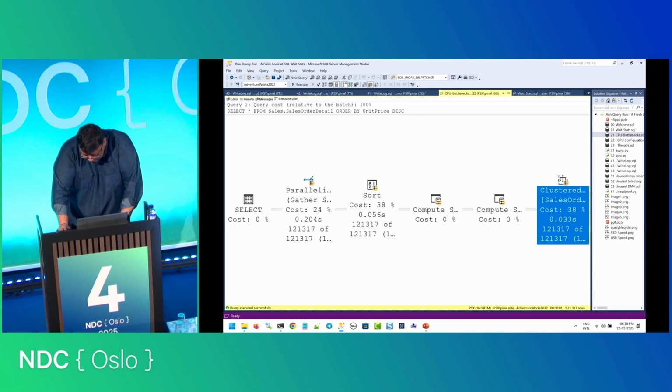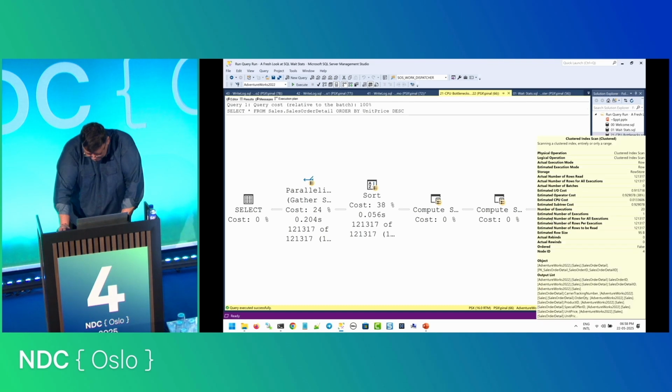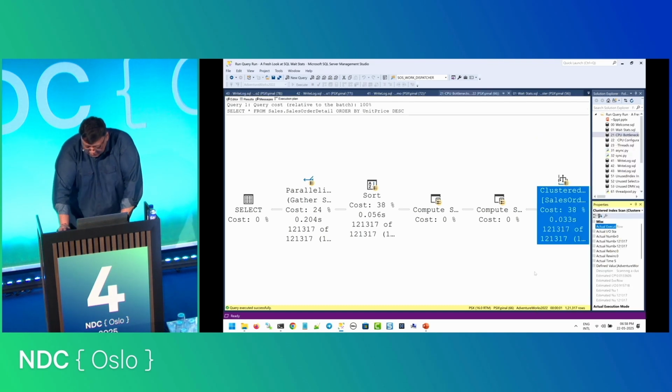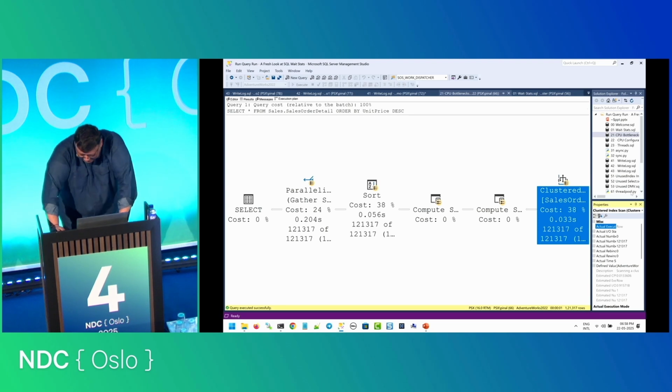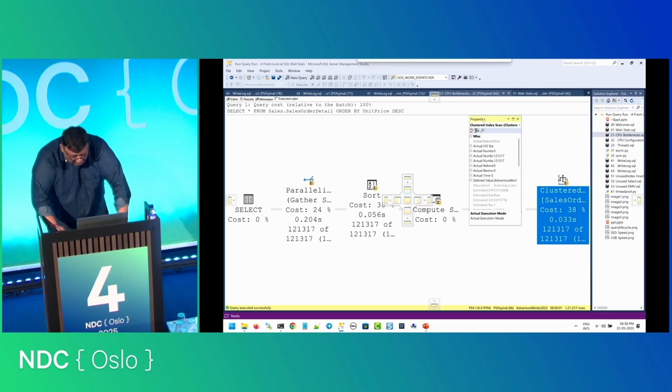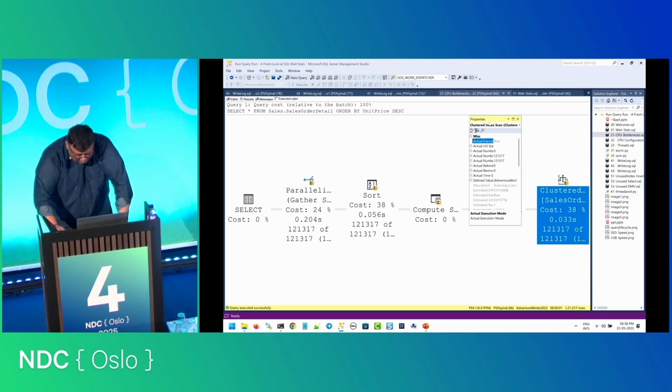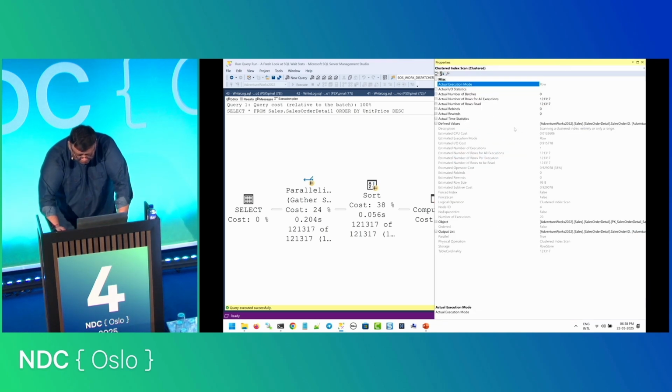How do we prove it? I learned the trick. First, let the yellow thing pop up, and then right-click on it, and then you can see the properties of that particular operator.